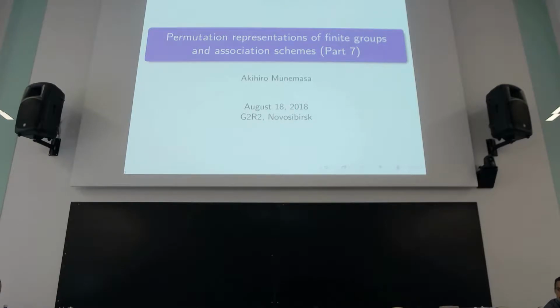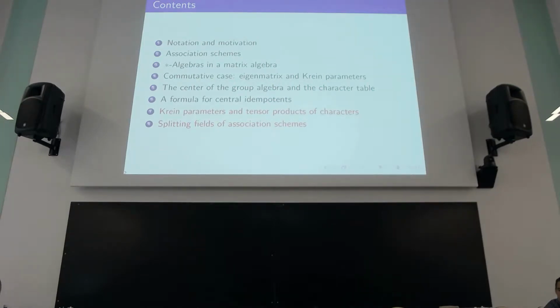So this is the seventh lecture, and I think at the end of the sixth lecture, I said that I will talk about the splitting field and, most importantly, whether the eigenvalues of the adjacency matrices belong to cyclotomic fields.